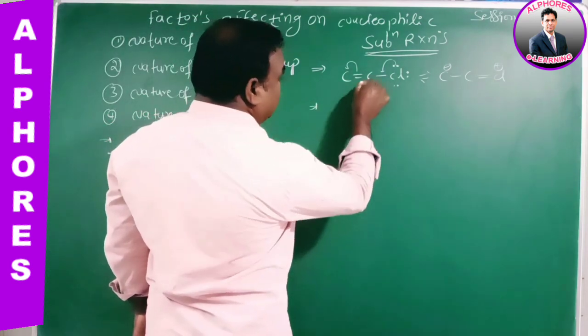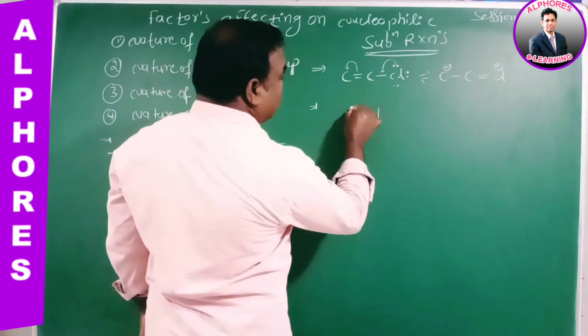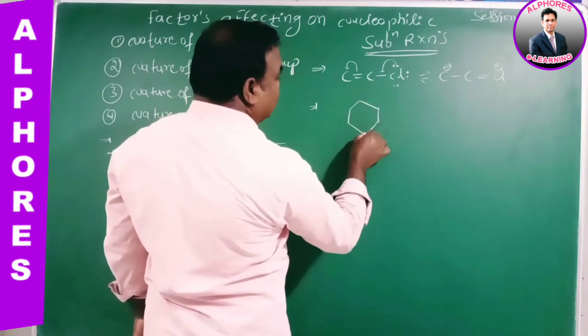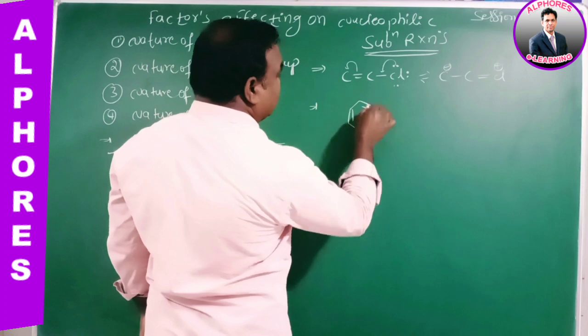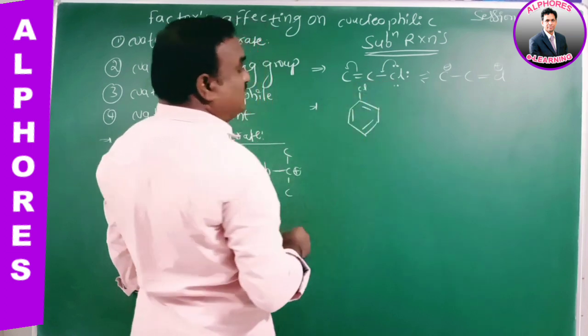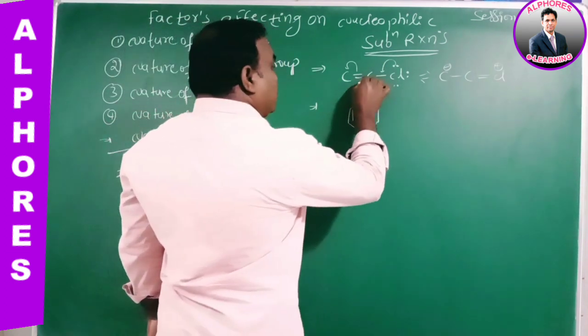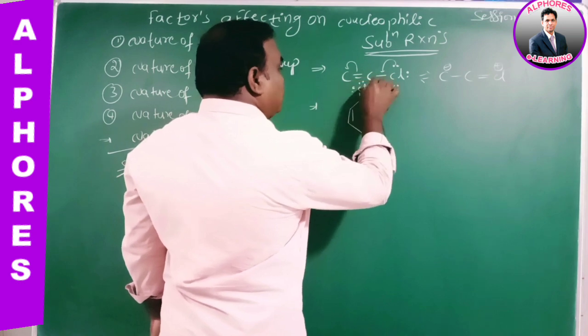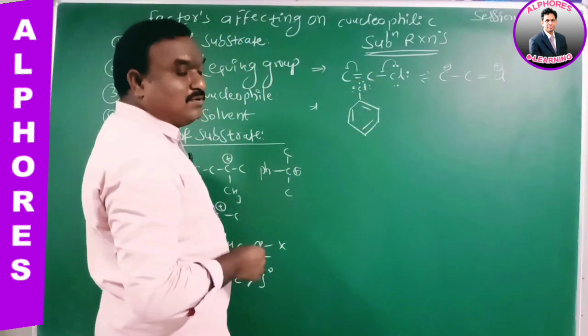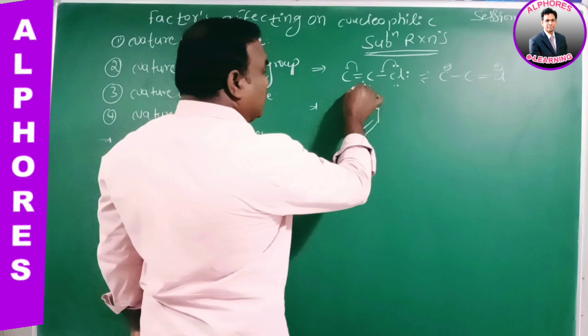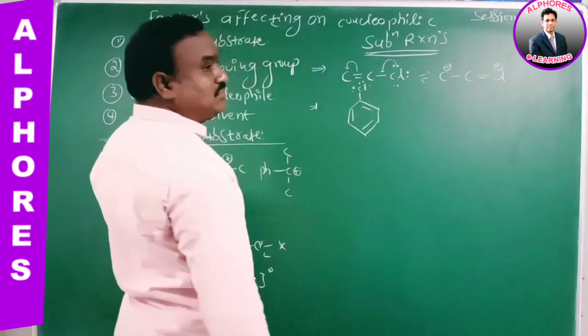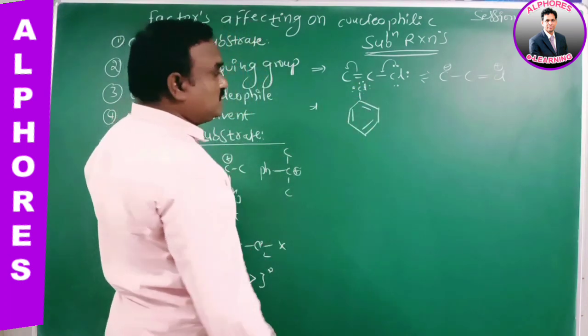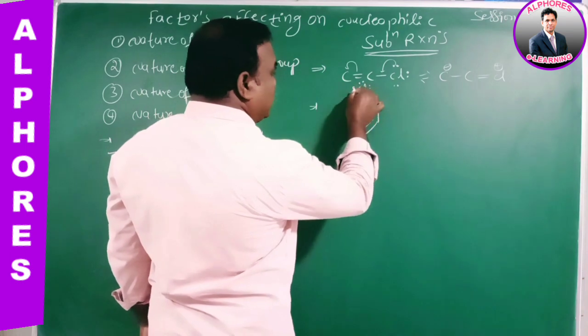Vinyl like this, and aryl halide is given. Aryl halide means again the same thing. Chlorine is connected with what? A double bonded carbon. The given system is a conjugated system. Resonance is possible here.